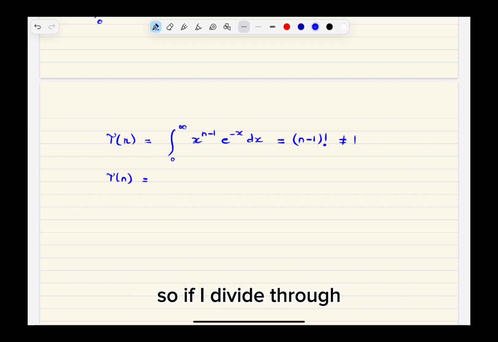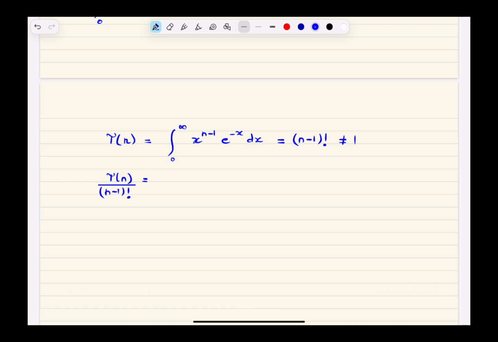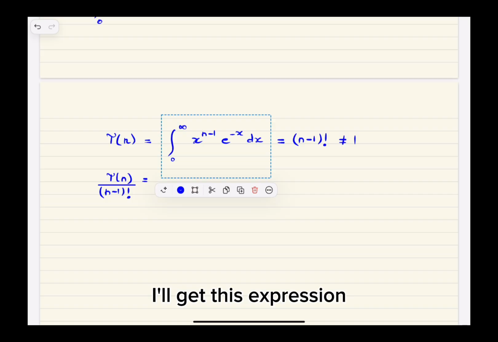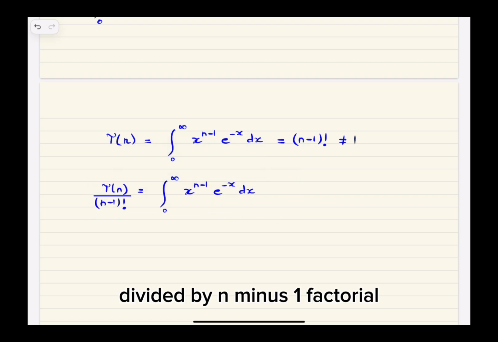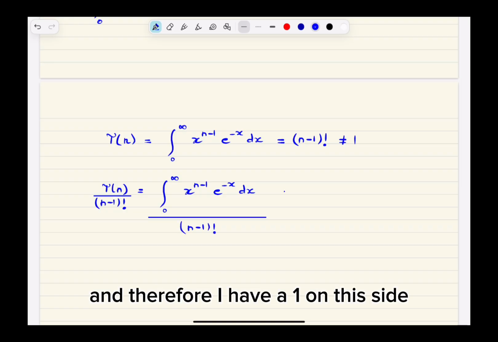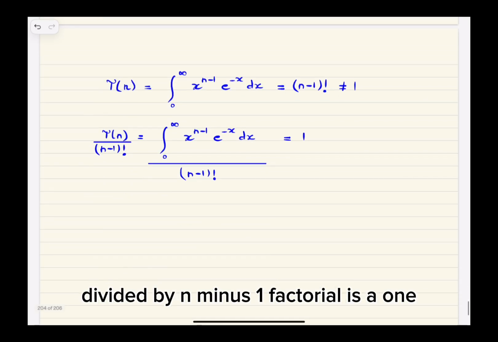If I divide this whole thing by (n-1) factorial, I have a 1 on this side, because (n-1) factorial divided by (n-1) factorial is 1.